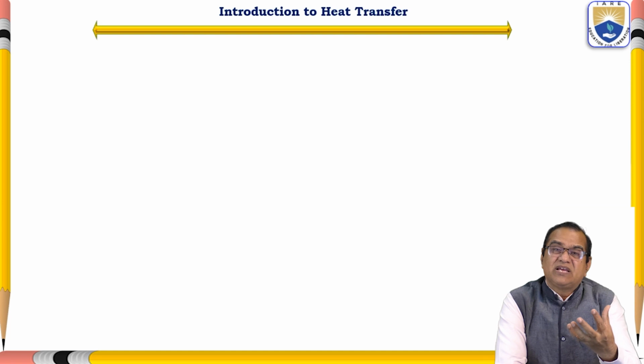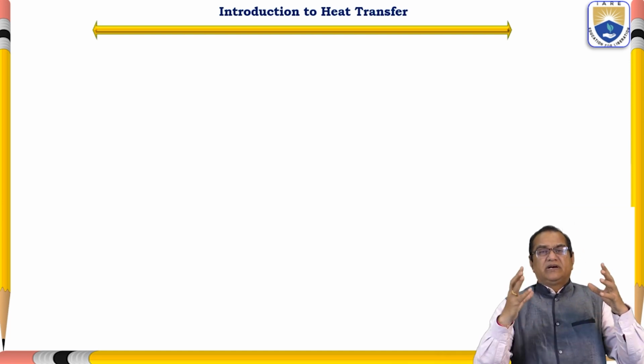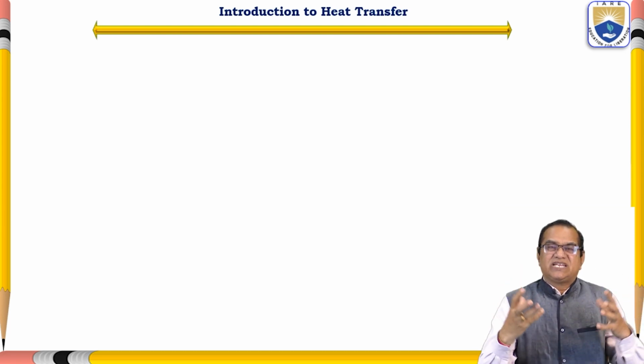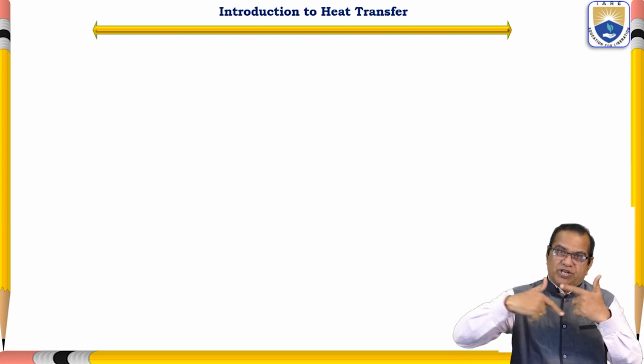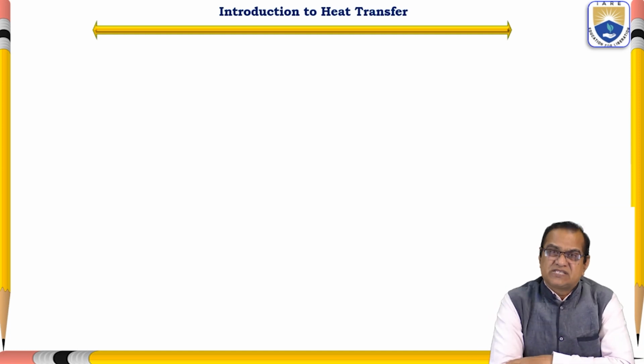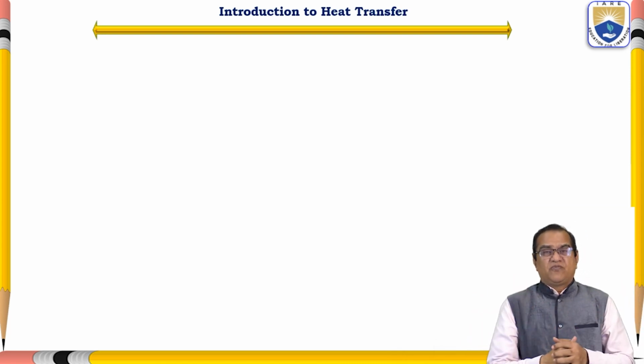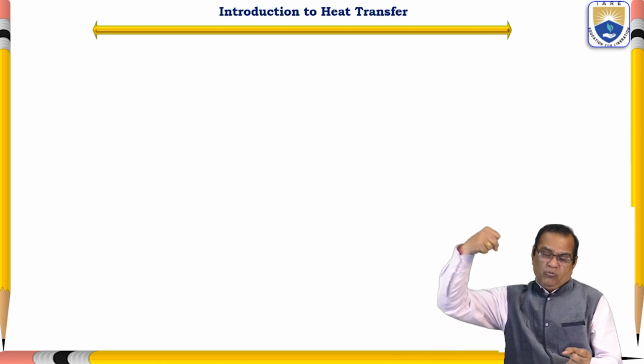So how much heat should we transfer? Because if you see, turbine materials are not able to sustain very high temperature because the rotation of these turbines is very high, and due to this rotation, a lot of centrifugal force is acting and it is pulling out.